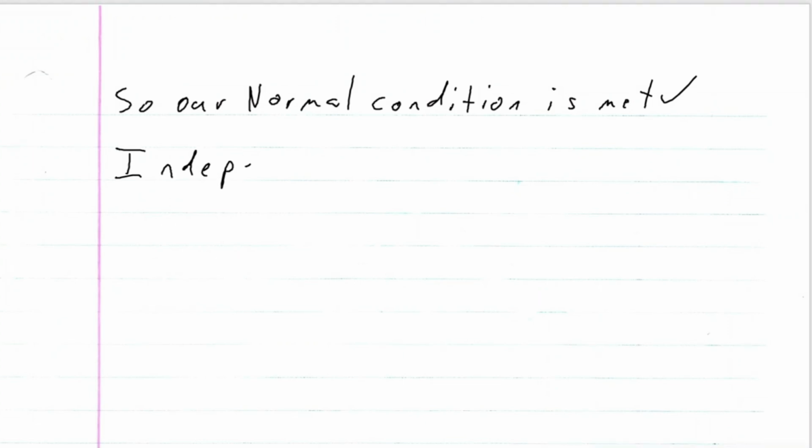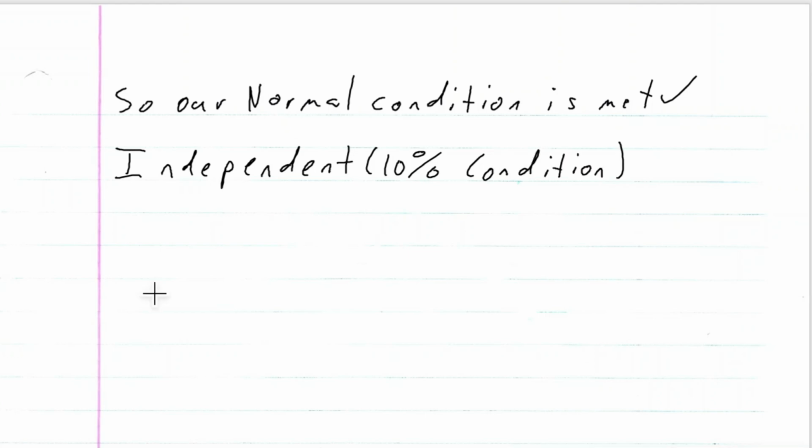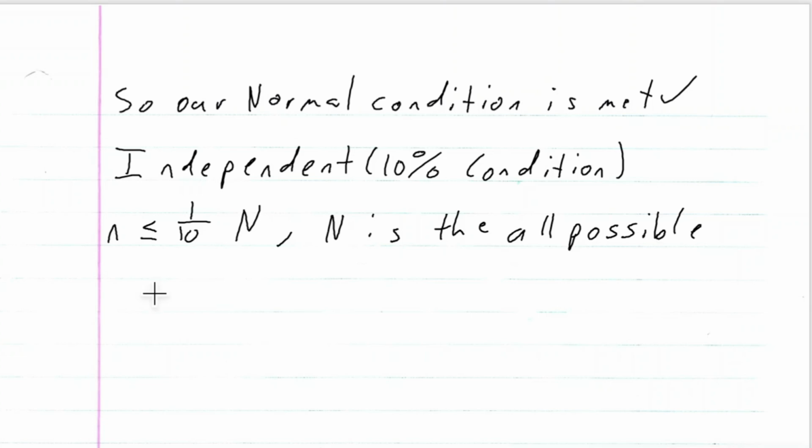All right. What we need to do now is our independent condition, or our 10% condition. Remember, n is less than or equal to 1/10 of capital N, where capital N is all possible records of miles per gallon for this vehicle.